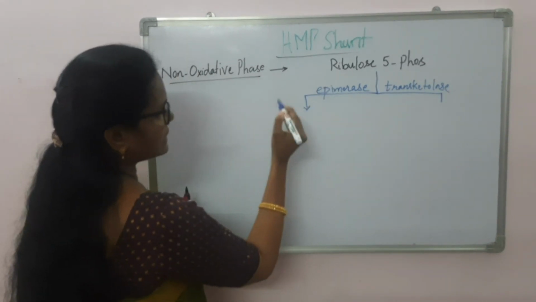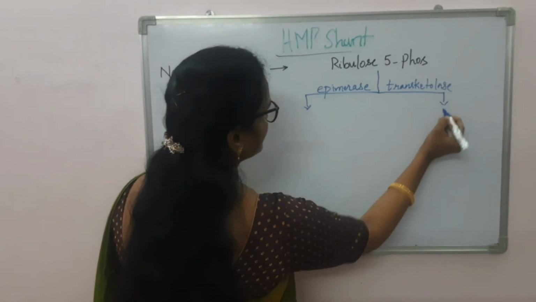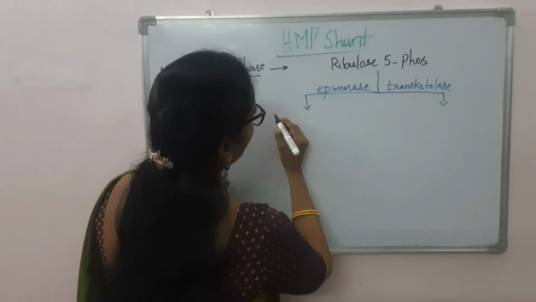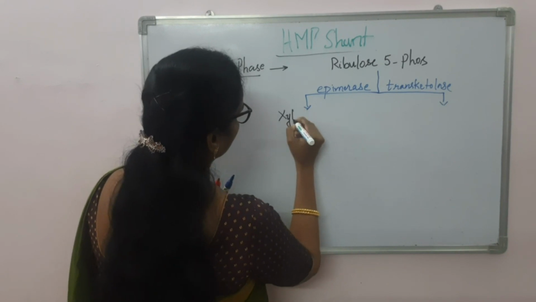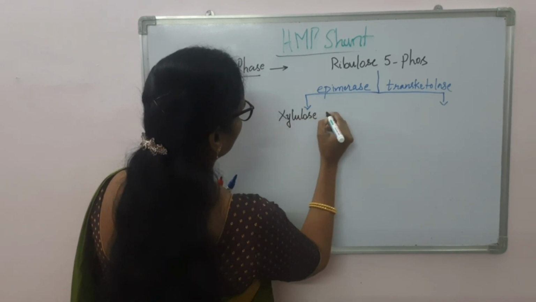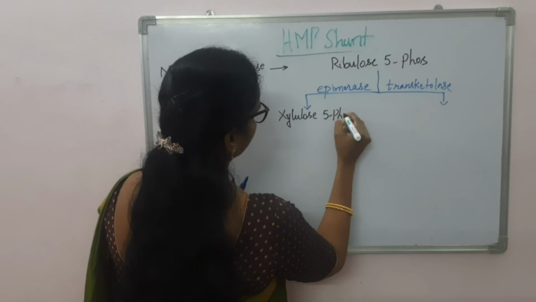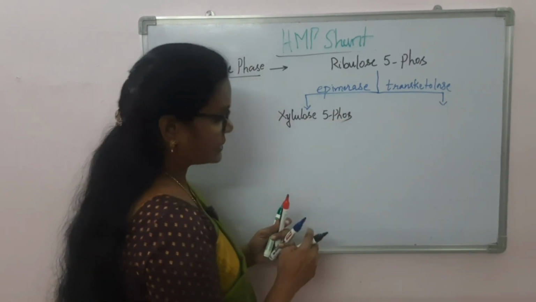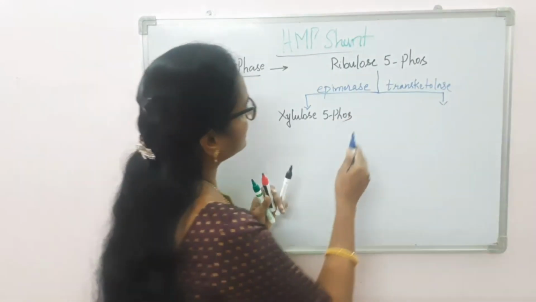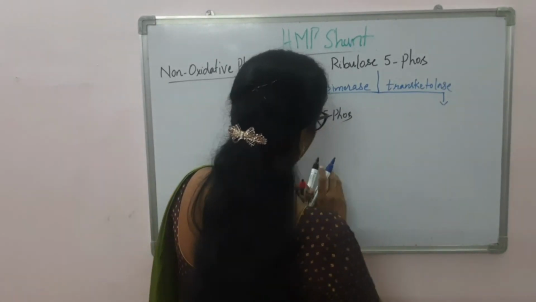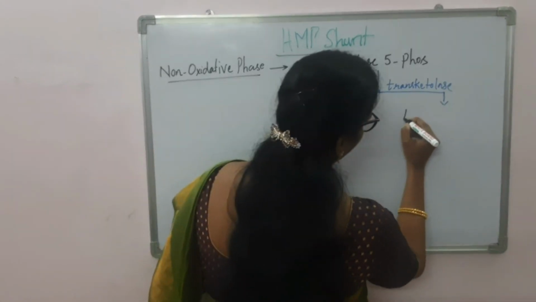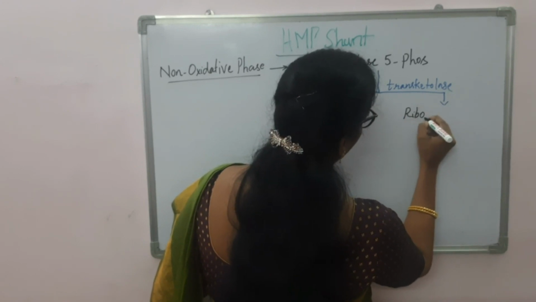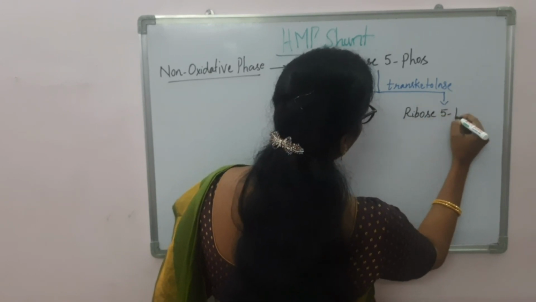When epimerase acts on ribulose 5-phosphate, it forms xylulose 5-phosphate. When transketolase acts on ribulose 5-phosphate, it forms ribose 5-phosphate.